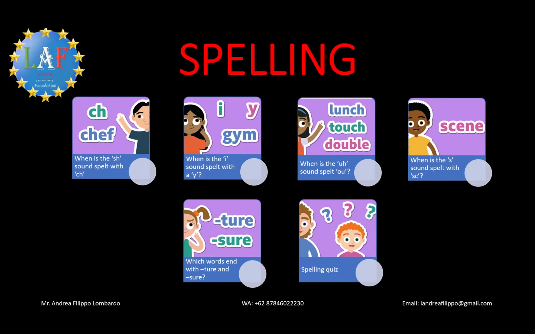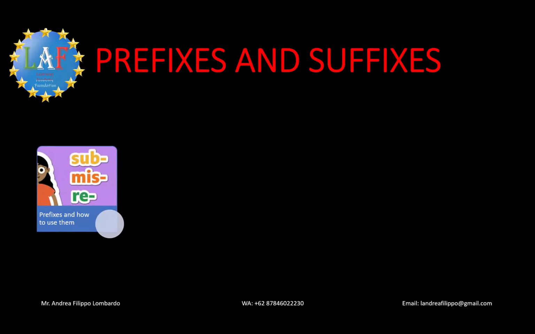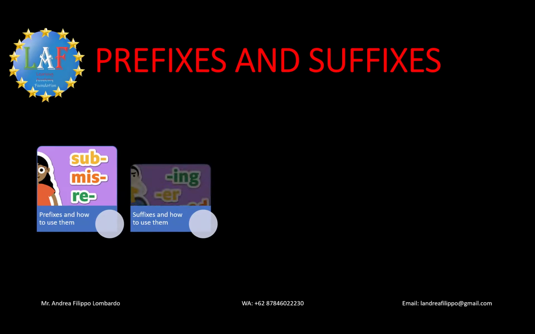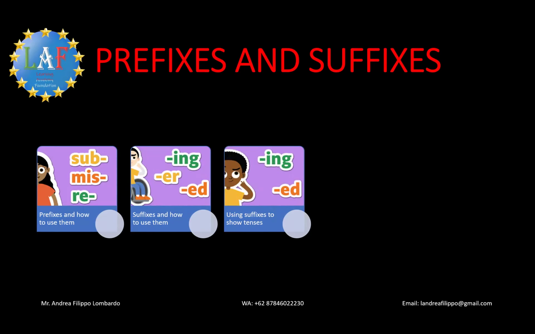After spelling, the next section will be about prefixes and suffixes, where the students will learn how to use a range of prefixes to form and spell words, and to change the meaning of words, and to form the past and present tense.